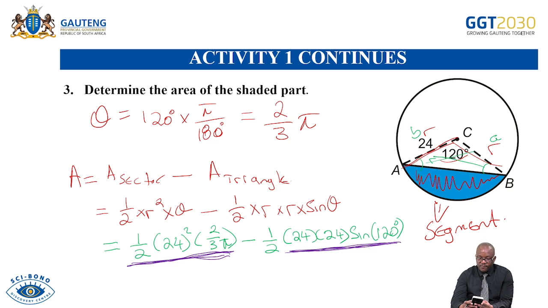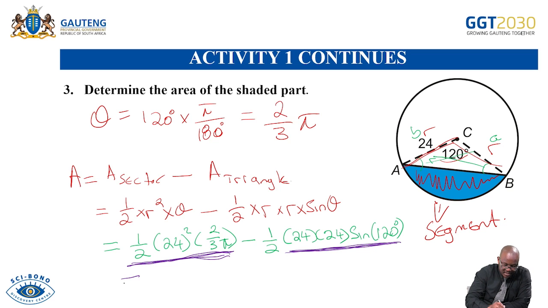So we're going to have 1 over 2 of 24 squared multiplied by 2 over 3 pi. That is the area of a sector. Remember, the angle for the area of a sector must always be in radians.